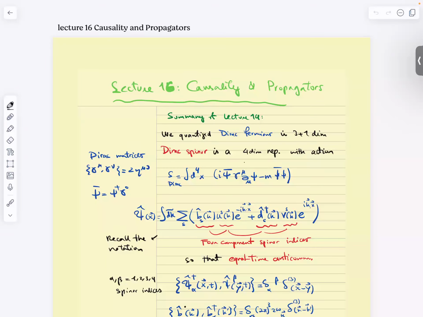We did canonical quantization. We saw that the structure of it is basically a set of harmonic oscillators, and there's a measure on it. The measure is the covariant measure, d^dk over (2 pi)^d times 1 over 2 omega k.